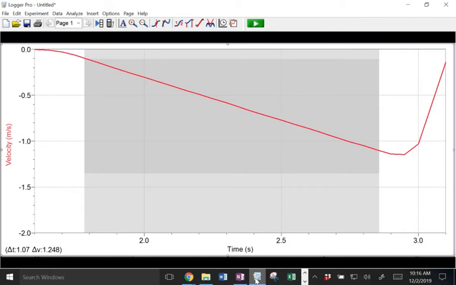I'm not asking for anything more than a description of the slope of this line. Some of you are writing college entrance essays.